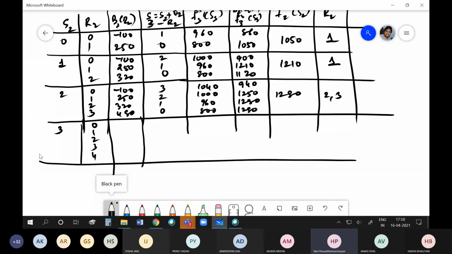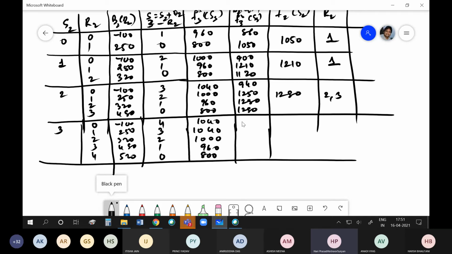Here if I have 3, so 1 is coming, I can have up to 4. If I see 3, this is minus 100, 250, 320, 480, 520. This will be 4, 3, 2, 1, 0. So 1040, 1040, 1000, 960, 800.